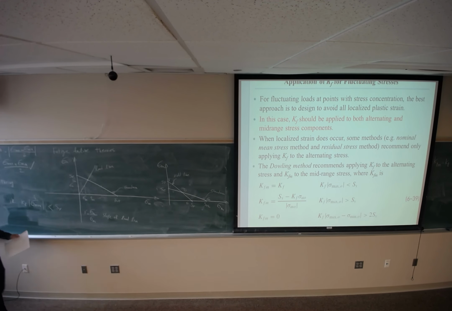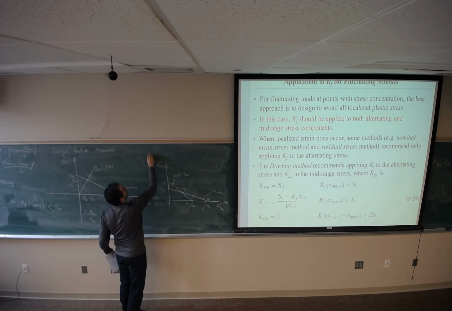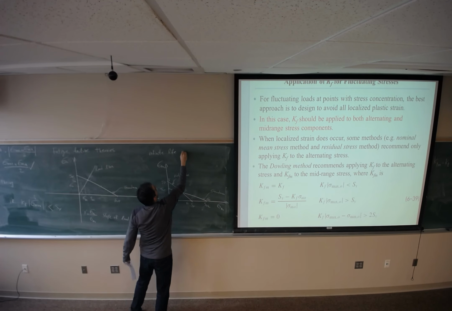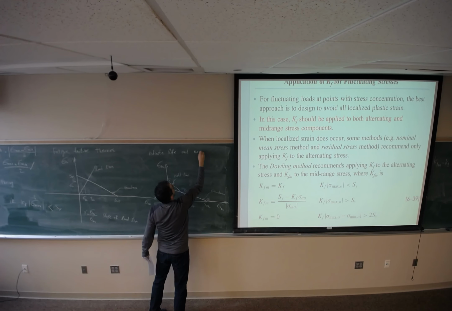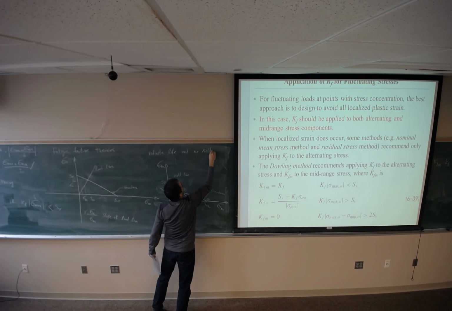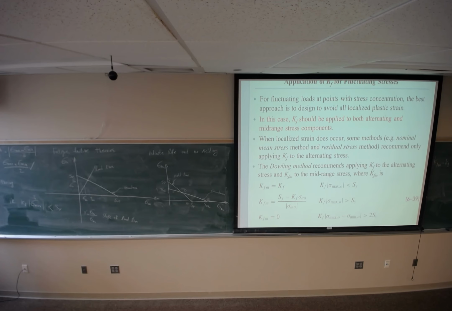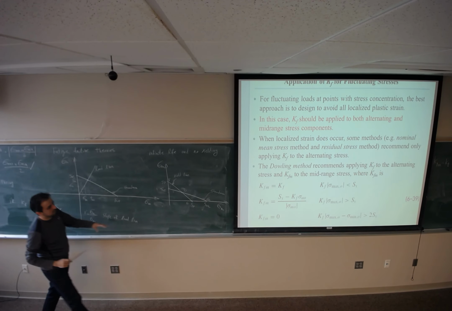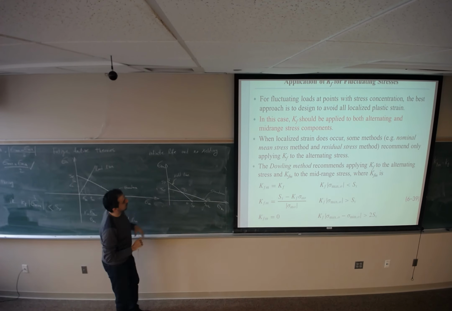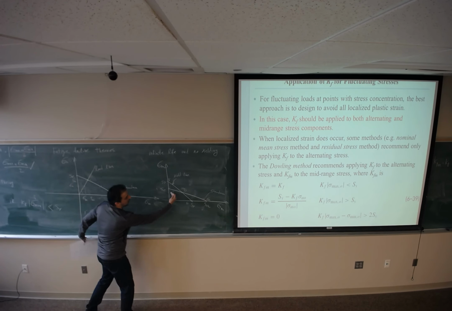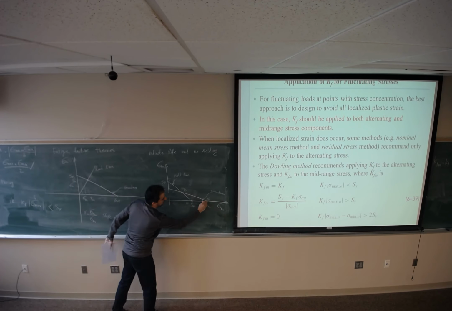If I want to have infinite life and no yielding, which zone should be selected? If you look at this figure, to have infinite life, I should be on this side of the Goodman line.